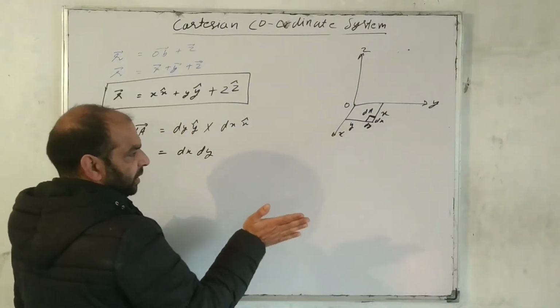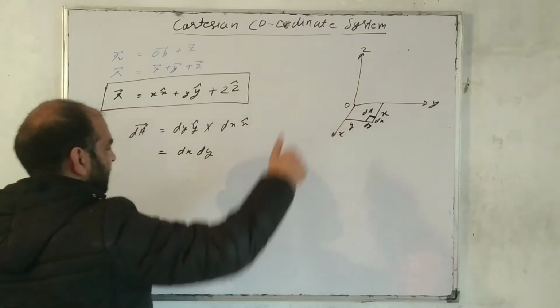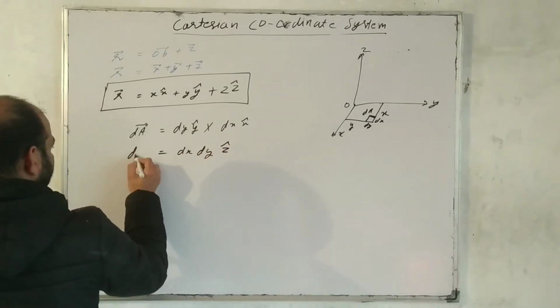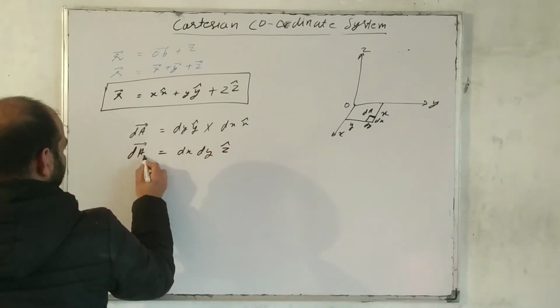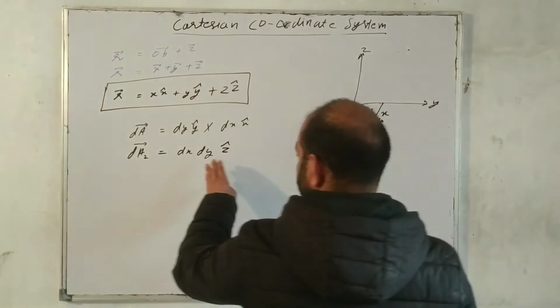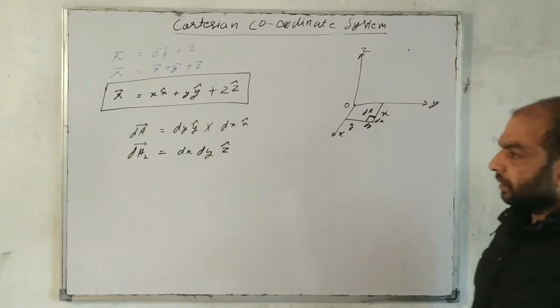We will keep our finger in the y direction, then curl it toward the x direction, then it will be toward the z direction. So it is z cap. So I am writing it as dA z vector. So the area element along the z direction is dx dy z cap.